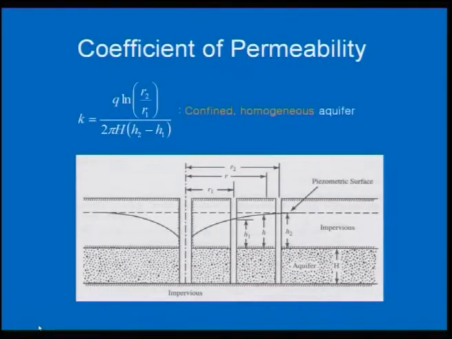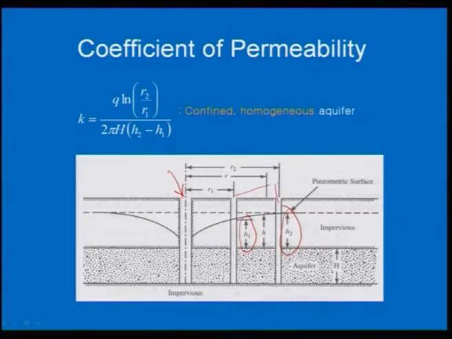Now, this is the formula used to find the coefficient of permeability from an aquifer test. This is our discharge well, as I showed earlier, and these are the two observation wells where measurements have been made. These are the piezometric surfaces. Once the pumping test has been conducted, we have the head in the first well H1 and the head in the second well H2, so H2 minus H1.